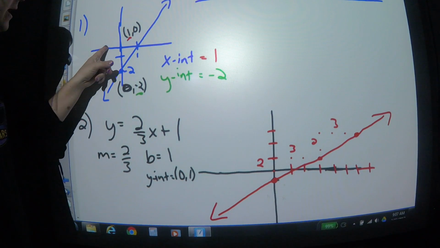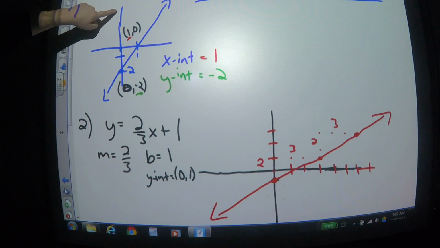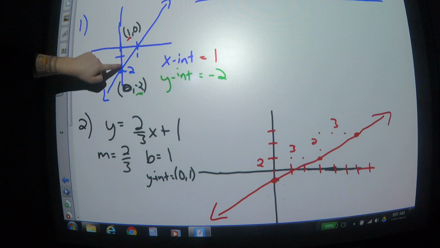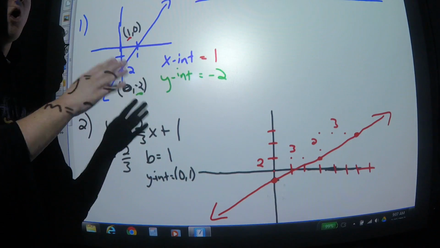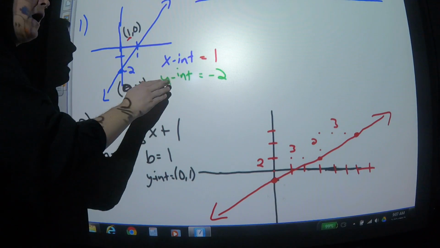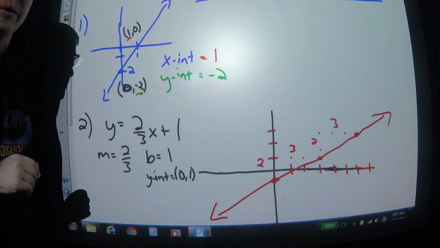So where the line crosses this horizontal line. The y-intercept is where it crosses the vertical line, the y line, okay? So in an x-intercept, y will always be 0. In a y-intercept, the x will always be 0.